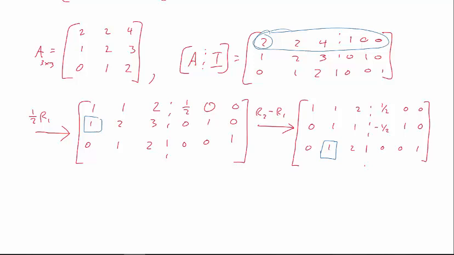So we're going to do the matrix operation, replacing row 3 with row 3 minus row 2. Okay, so note that the top two rows are going to stay the same, so just go ahead and rewrite them. 1, 1, 2, 0, 1, 1.